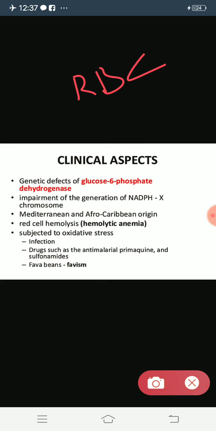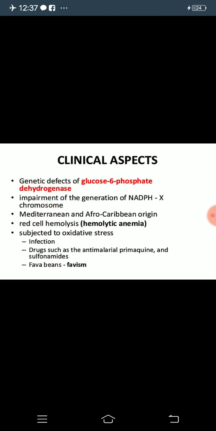So if glucose 6-phosphate dehydrogenase is not there, then there is no HMP pathway. If there is no HMP pathway, then no NADPH, so it cannot maintain the integrity of RBC. So the cell may rupture, red cell hemolysis will occur, and different types of infections will also occur due to this.